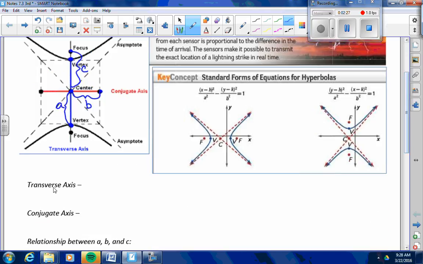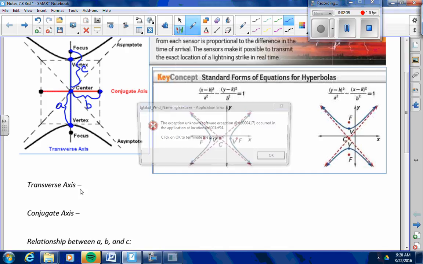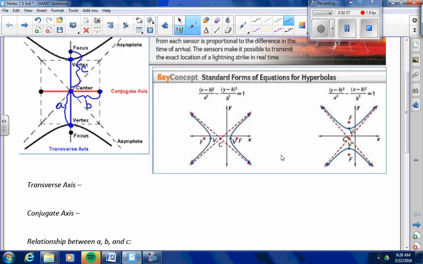Now, down below it talks about the transverse axis and the conjugate axis. The transverse axis is kind of equivalent to what we would consider the major axis. This is the axis that goes through the vertices. So in this case, I have a vertex here, a vertex here.